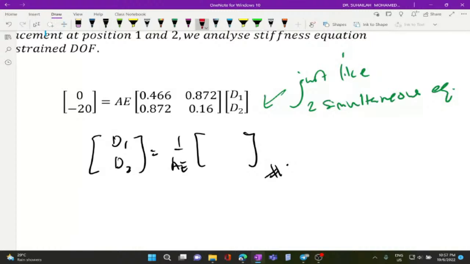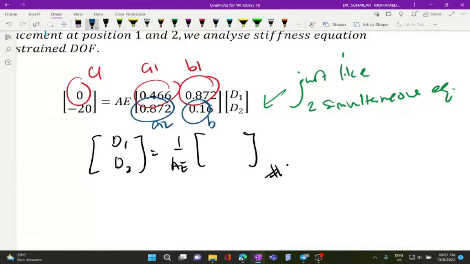We just need to calculate by substituting the values A1, B1, C1, and A2, B2, C2. So substitute this into the calculator and then we will get these two values, the displacement at position 1 and at position 2.